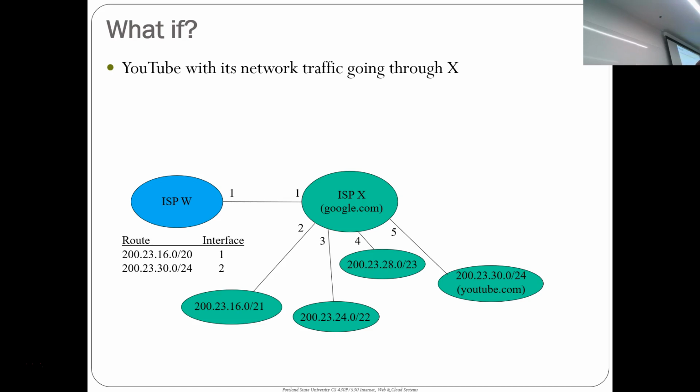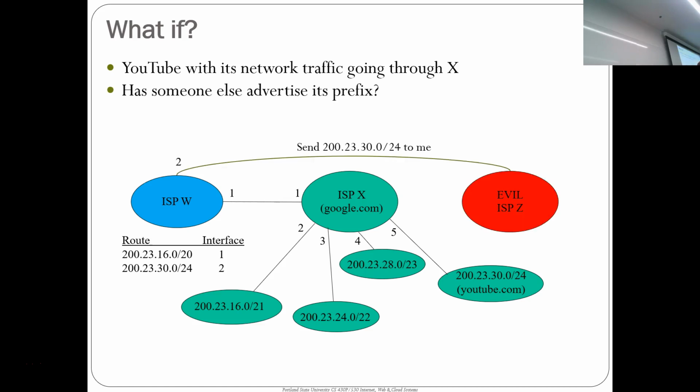What happens if it also has a prefix 30.0/24, and some other ISP over here says, I own that prefix, send the traffic to me, and I'm going to insert this route into the routing table. What happens at ISP-W when this happens?